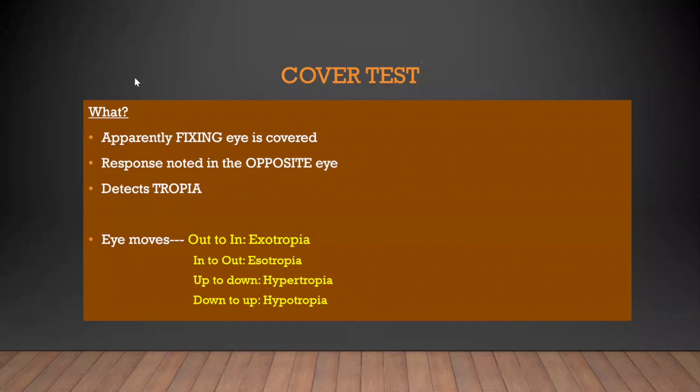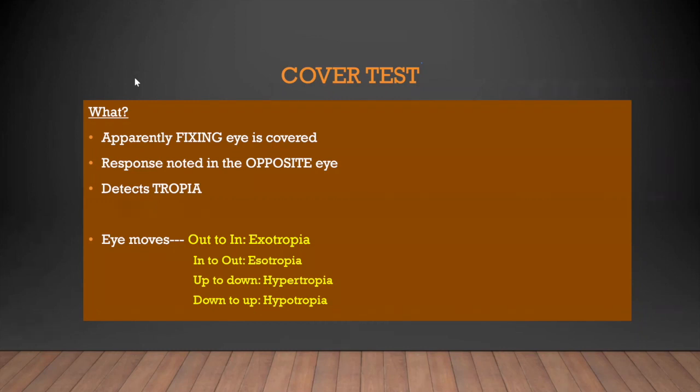Now, this is where a lot of students do get confused. The direction of the movement is opposite to the direction of the squint. An eye which is deviated outside, a manifest exotropia, will move in when you cover the fixing eye. And when they see the movement of coming in, they think in meaning inward squint, meaning esotropia.